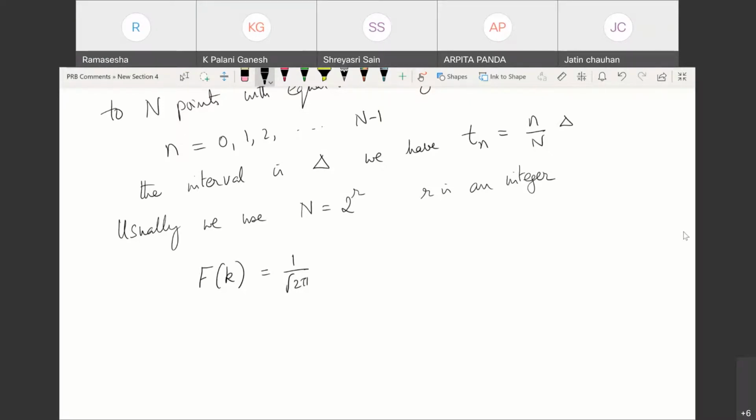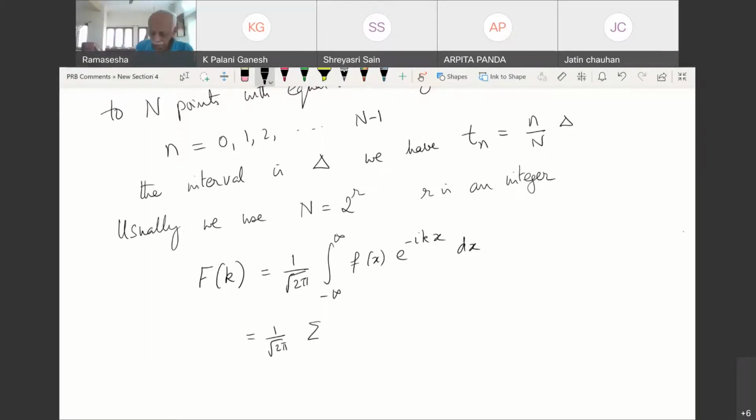This I can write as delta upon root 2 pi into the sum over n equal to 0 to N minus 1 of f of x_n, where x_n is equal to n by capital N times delta, and dx is delta.